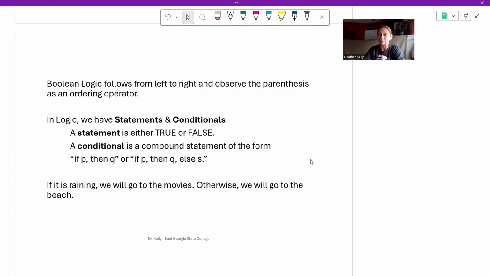I want to make sure that you understand that conditionals are like a statement. Statements are just straight across. Generally, ands and ors are statements, and then the conditionals are going to be the conditional and the biconditional.